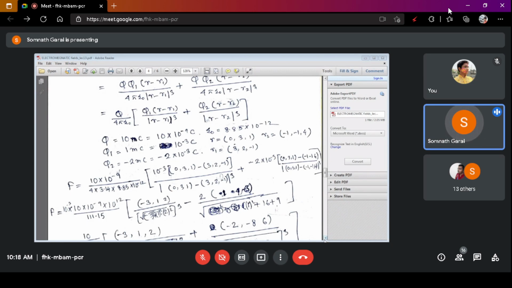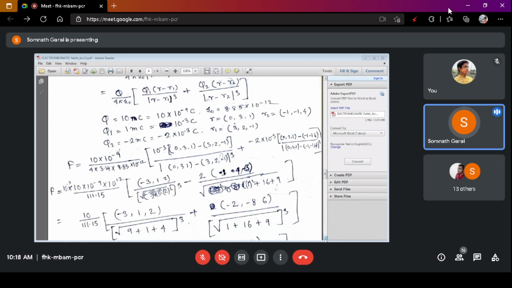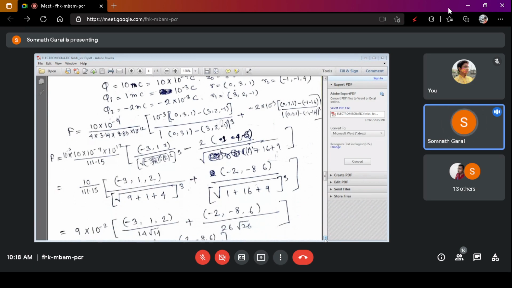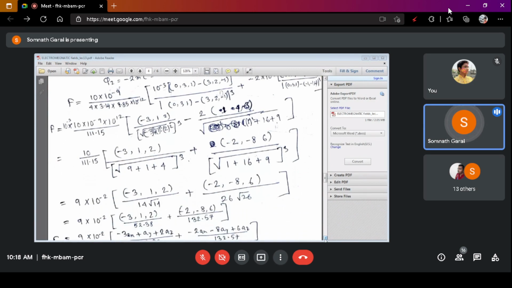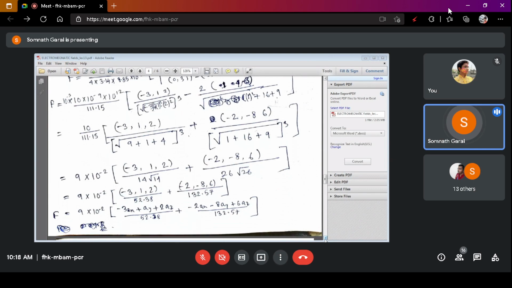So after calculating and adding these two forces, we get the electric force. The first vector is minus 3 ax plus ay plus 2 az, where minus 3 is the magnitude component in the x direction.